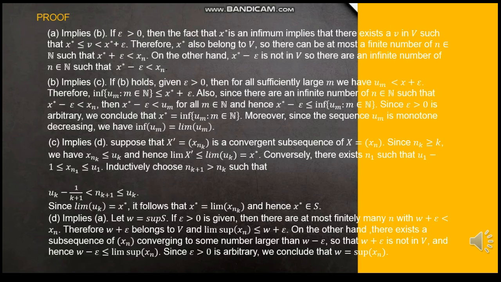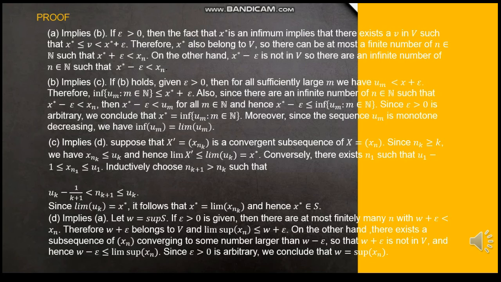Also, since there are an infinite number of n element natural numbers such that x star minus epsilon less than xn, then x star minus epsilon less than um for all m element natural numbers, and hence x star minus epsilon less than or equals the infimum where m element natural numbers.